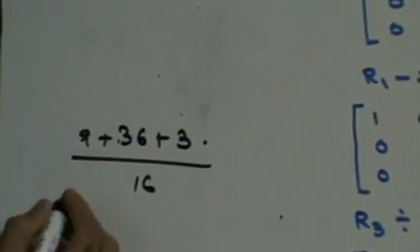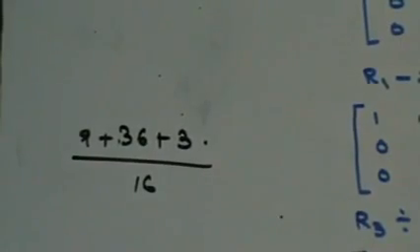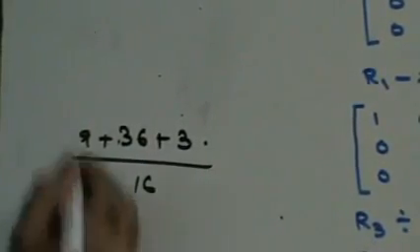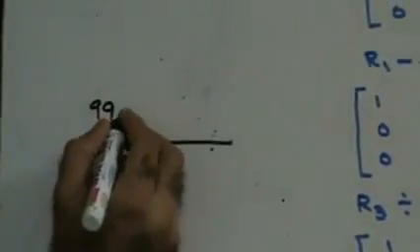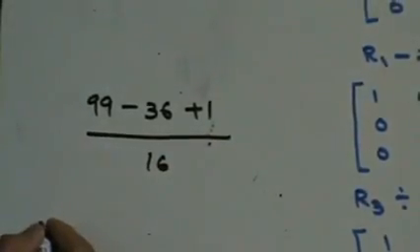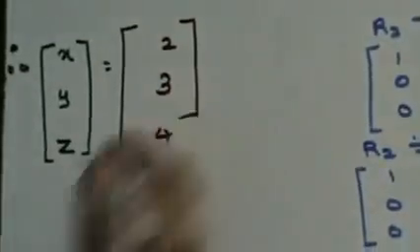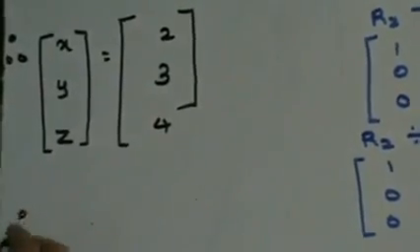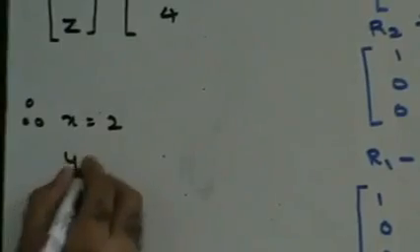So this is 39 and 9, right? 48 by 16, 3, right? And the last one is 16 as a common denominator, 99 minus 36 plus 1, 64 by 16, 4, right? Therefore you will get X is equal to 2, Y is equal to 3 and Z is equal to 4, right? That's how you solve the sum if they tell you to solve the sum by inverse method.